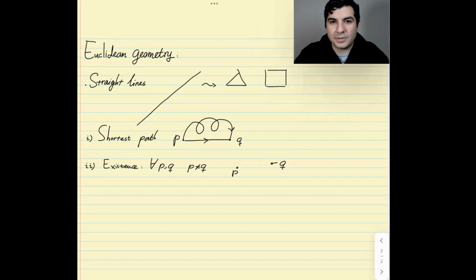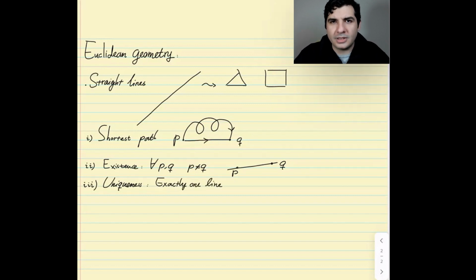Here we have 2 points P and Q and one line going through them. As I mentioned, the other essential property is uniqueness. If P and Q are two different points, there's exactly one line connecting them, not more, not two, right? Exactly one.